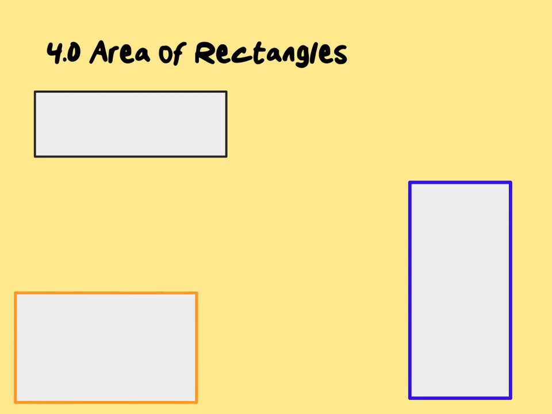The other thing that you should be very familiar with is that there's a formula to find the area of a rectangle, and that is area equals length times width, and sometimes we also call it the base times the height. Now it doesn't matter which one you use, base times height or length times width, it's the same thing.